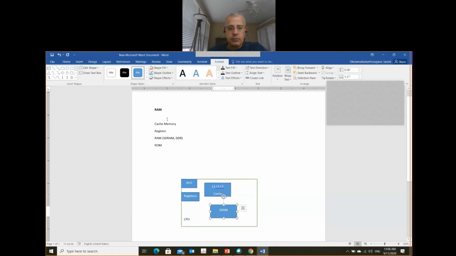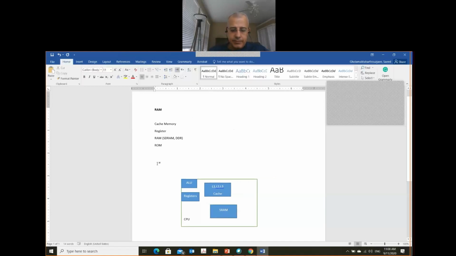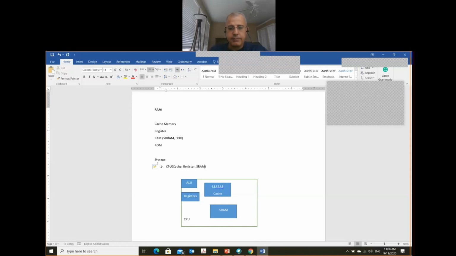So we can now classify them. First, the ones inside the CPU: we have cache, we have register, as well as SRAM.